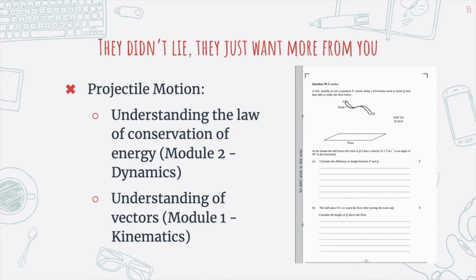And for Part B, it is asking us to calculate the height, and in order to do so, we need to draw on our understanding of vectors all the way back from Module 1 in the kinematics unit. So, yes, there was some mathematical applications in the HSC examination, and we should have seen this coming.